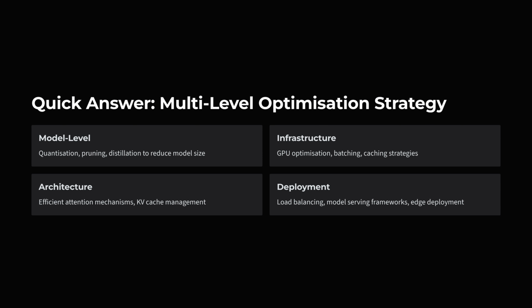And the deployment dial ties everything together with load balancing and fast serving systems that keep responses steady under real traffic. Interviewers often look for this multi-level mindset because it shows you can diagnose bottlenecks from several angles instead of guessing in the dark. It's one of the clearest signals of production maturity.